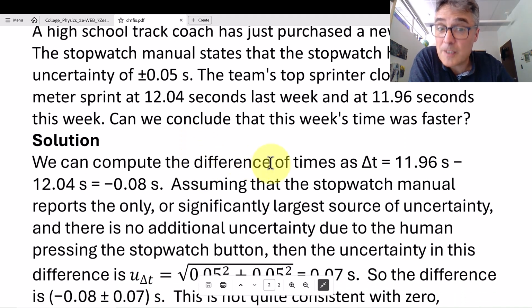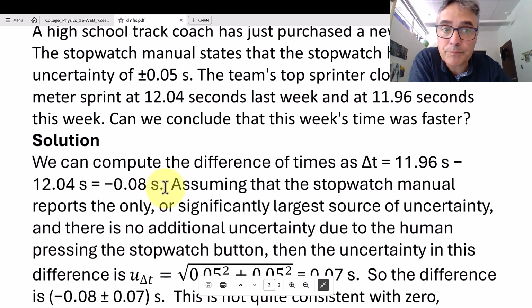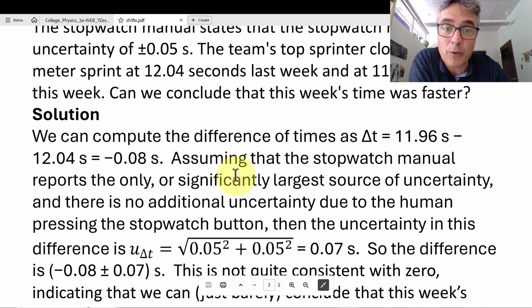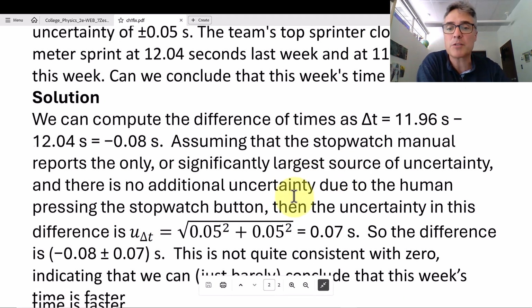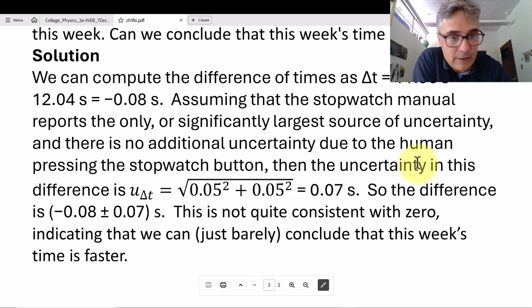We can compute the difference of times as delta t equals, just take the difference. You get negative 0.08 seconds. That's how much time they beat themselves by. So, is 0.08 seconds significant? Well, assuming that the stopwatch manual reports the only or significantly largest source of uncertainty, and there's no additional uncertainty due to the human pressing the stopwatch button, which is a big if, but if that's true, then you can calculate the uncertainty in the difference.